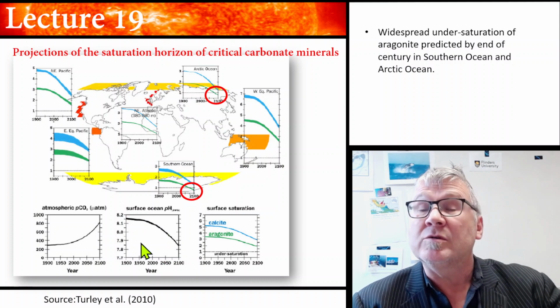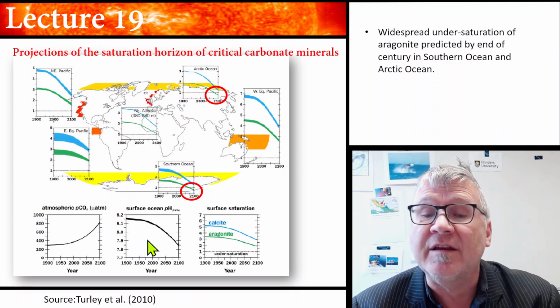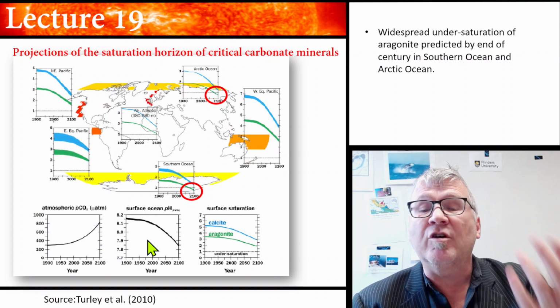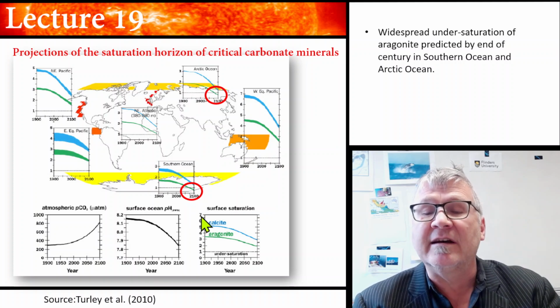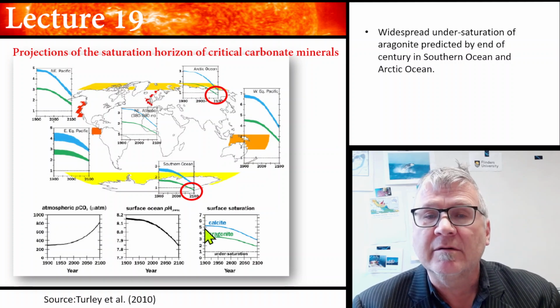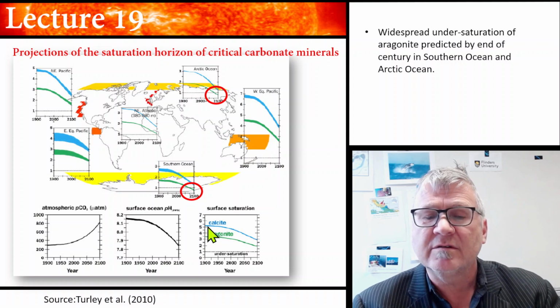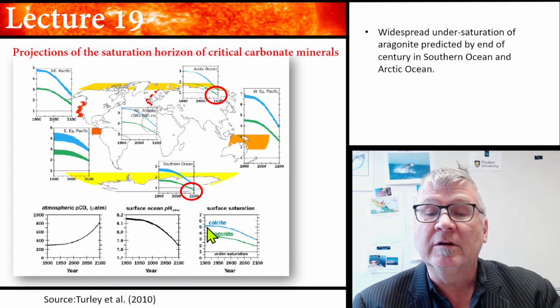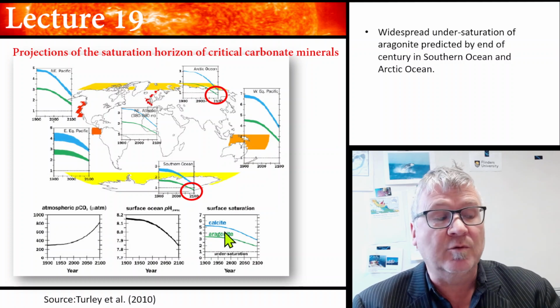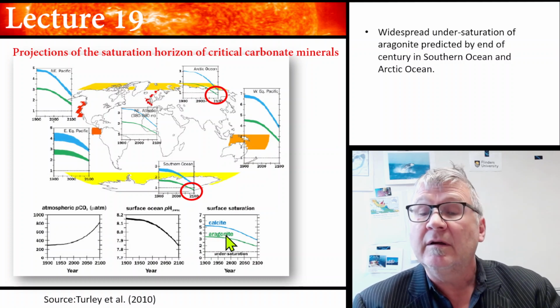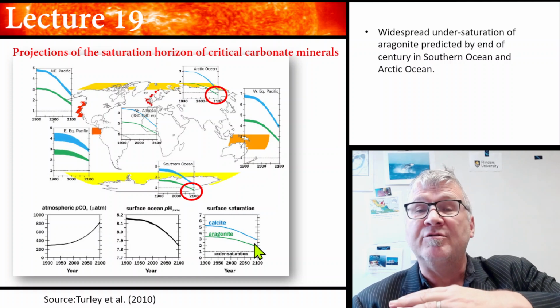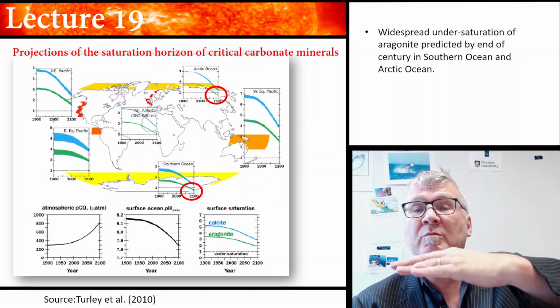So this now converts to changes in the surface saturation of calcite and aragonite. They will drop. Blue is calcite, green is aragonite, and it will drop because the saturation horizon will move upward.